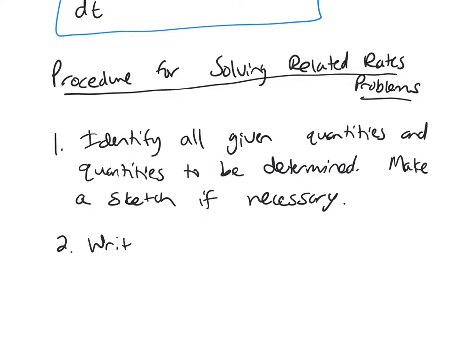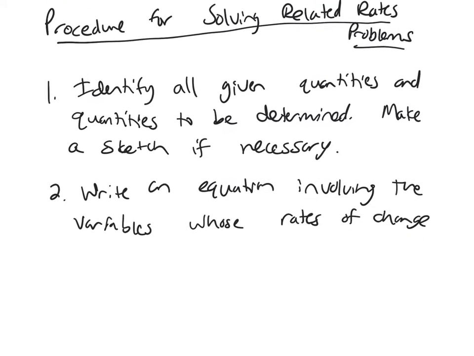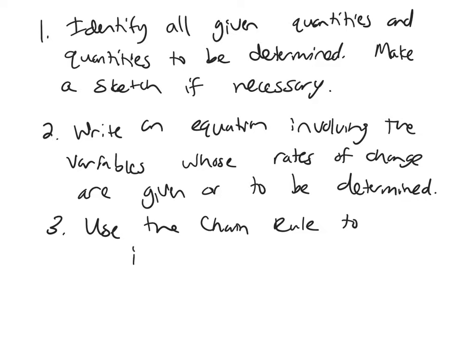Number 2, you want to write an equation involving the variables whose rates of change are given or to be determined. 3, you're going to use the chain rule to implicitly differentiate.